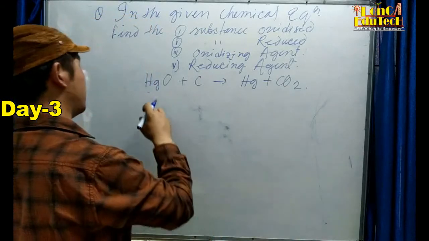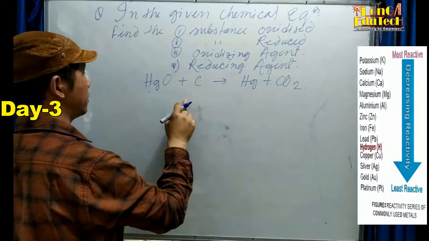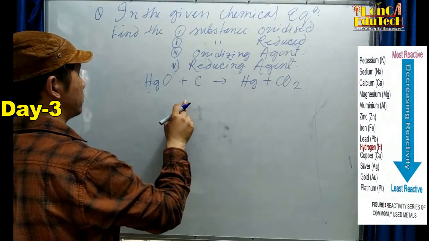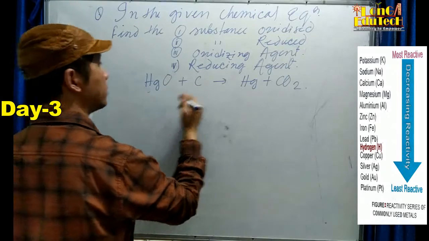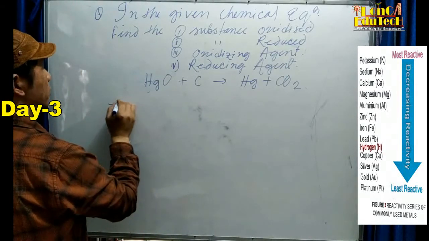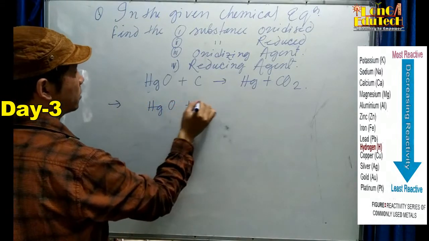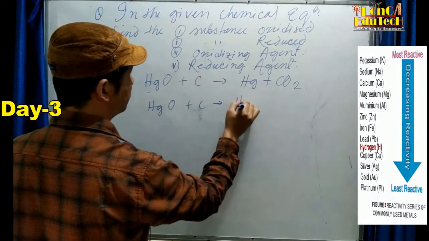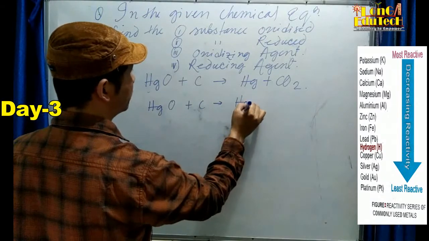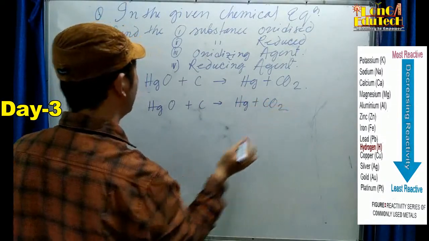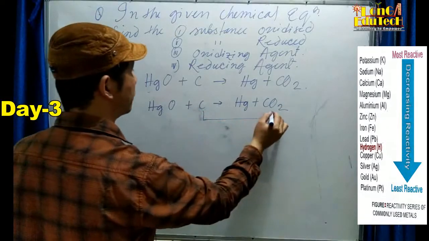So HgO plus carbon to form Hg plus carbon dioxide. As we know, carbon gets oxidized, right?